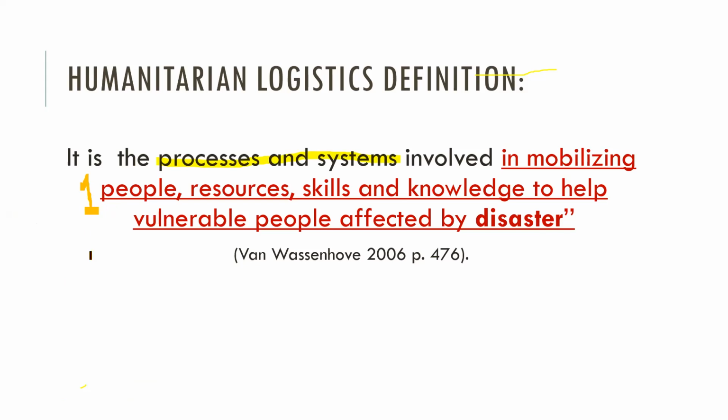One is people. A part of humanitarian logistics is to mobilize people. What we mean by mobilizing people is to transfer people to the location of the disaster. We must move people to the location of the disaster. As we said in the previous lecture, if we have an earthquake, you are going to have, for example, bone surgeons, and people who are capable of building roads and building houses.